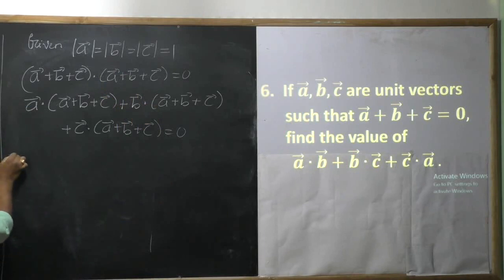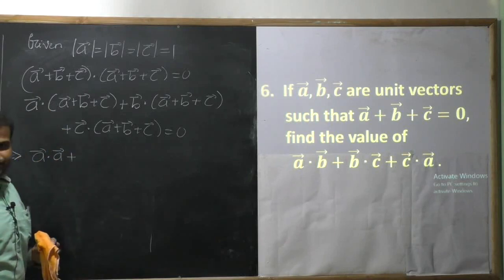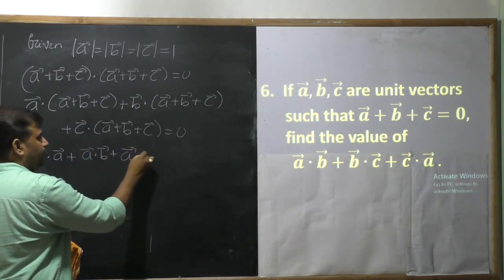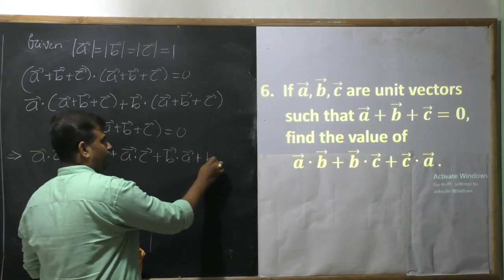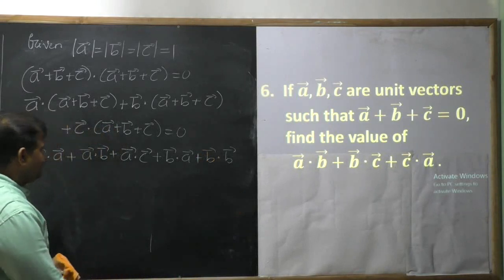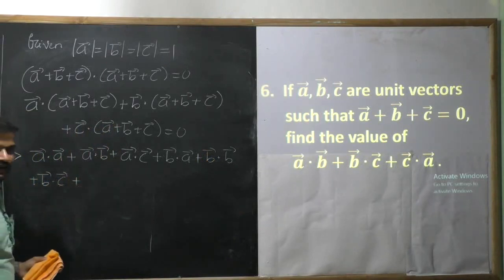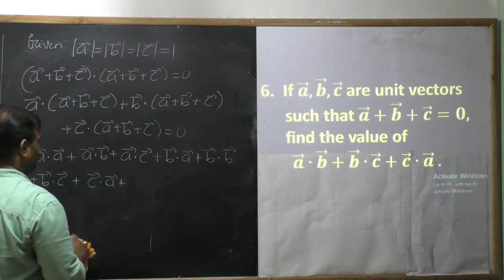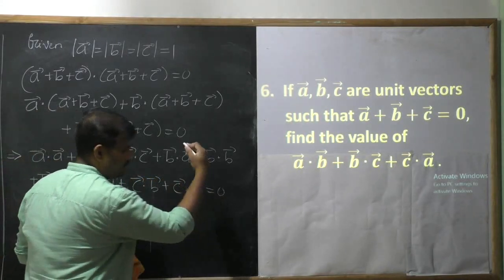So now this implies vector A dot vector A, just doing the dot product here, plus, by the distributive property, vector A dot vector B plus vector A dot vector C plus vector B dot vector A plus vector B dot vector B plus vector B dot vector C. Similarly, vector C dot vector A plus vector C dot vector B plus vector C dot vector C is equal to 0 here.